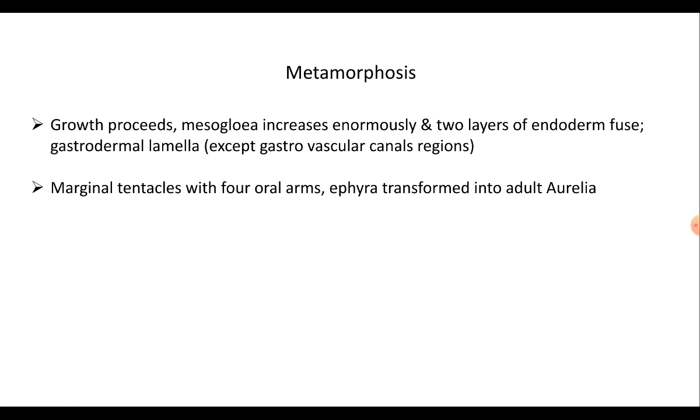Later, as the growth proceeds, the mesoglea increases enormously so that 2 layers of endoderm fuse to form a solid gastrodermal lamella except in the regions of gastrovascular canals.